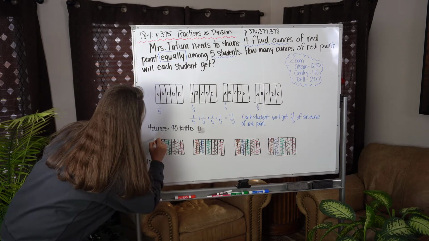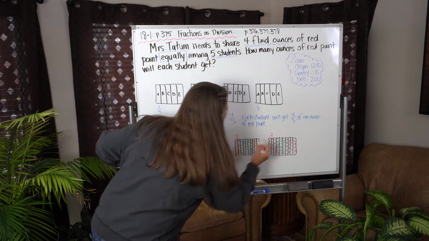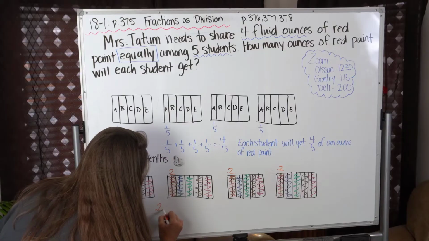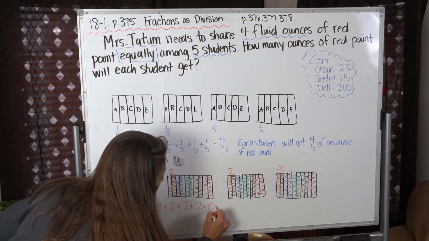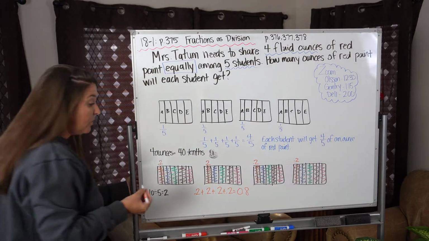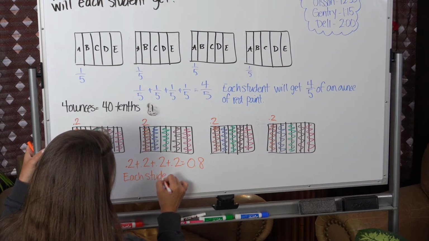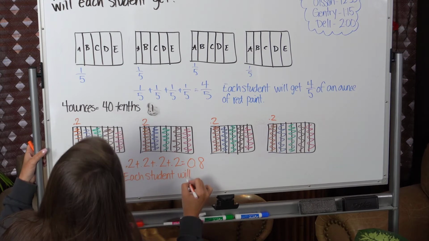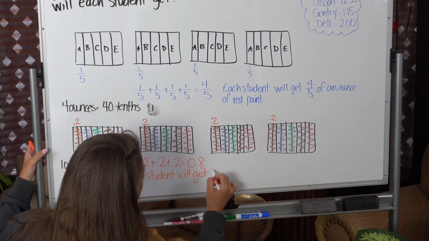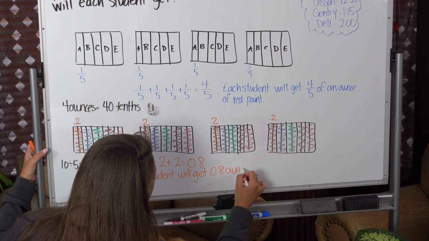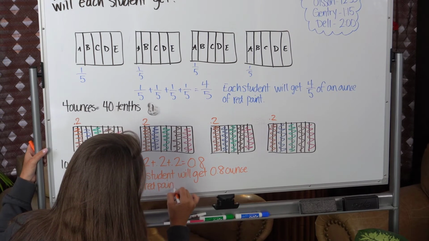If this is 2 tenths, 2 tenths, 2 tenths, plus 2 tenths, then I have 2 tenths plus 2 tenths plus 2 tenths plus 2 tenths for a total of 8 tenths. So each student will get 8 tenths ounce of red paint.